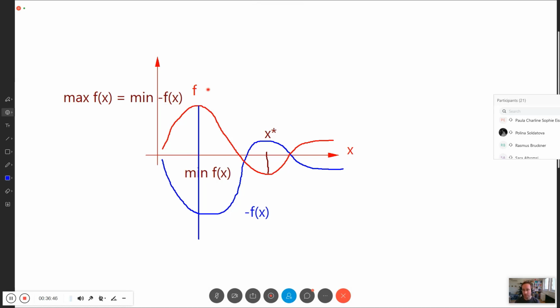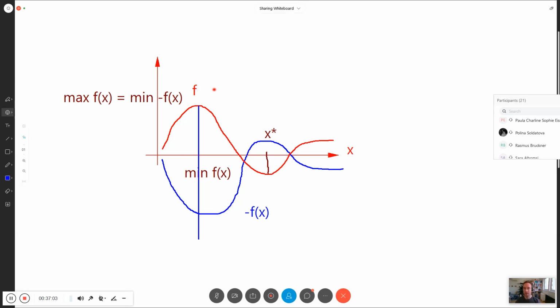So the rate of change of this function is 0. So you know that if the derivative is 0, then there can be a minimum, it can also be a maximum, and it can also be a saddle point.